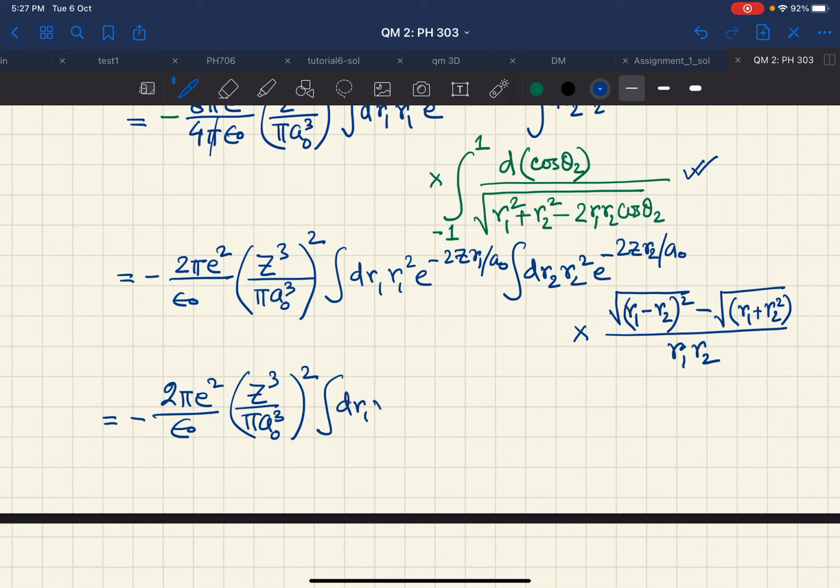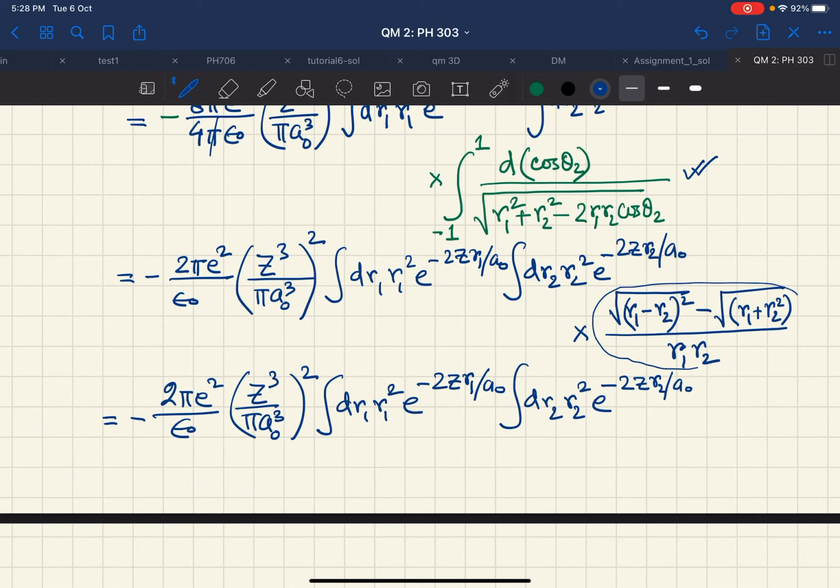All these integrals are there: dr2 r2 squared e to the minus 2Z r2 by a0, and this particular part will now lead to mod of r1 minus r2 minus mod of r1 plus r2, divided by r1 r2. These modulus signs are a little bit problematic or a little bit odd, but they can be dealt with very easily.